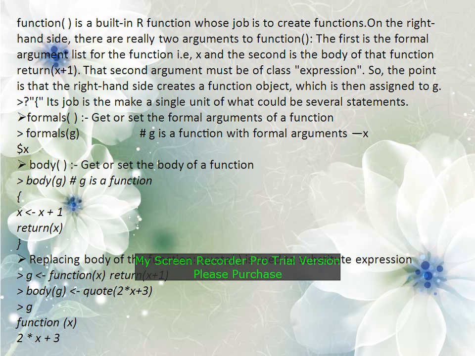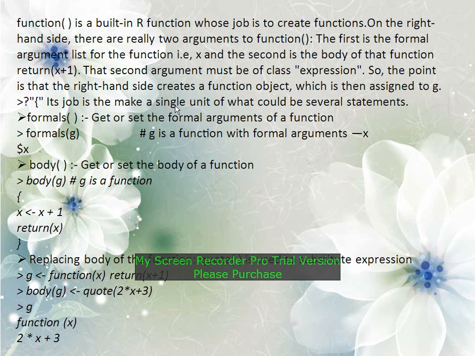The second argument must be of class expression, so x plus 1 is an expression. The first argument, the formal argument, is nothing but a variable. The point is that the right hand side creates a function object which is then assigned to g. So here we are creating a function object and assigning it to g.